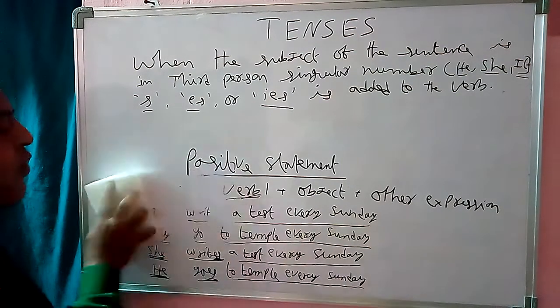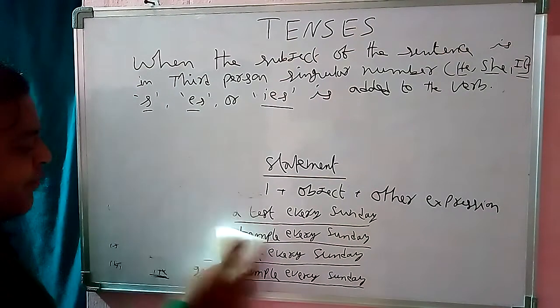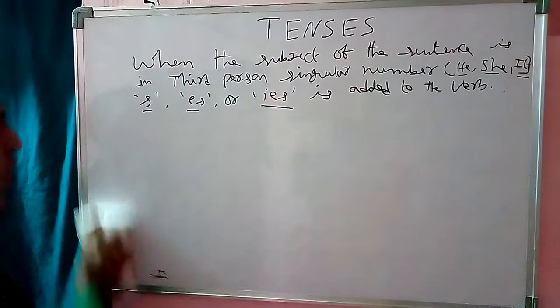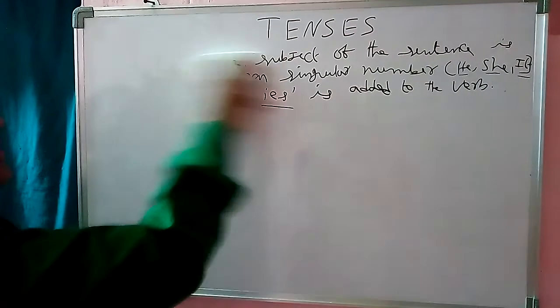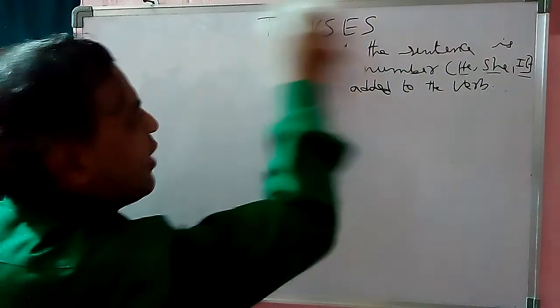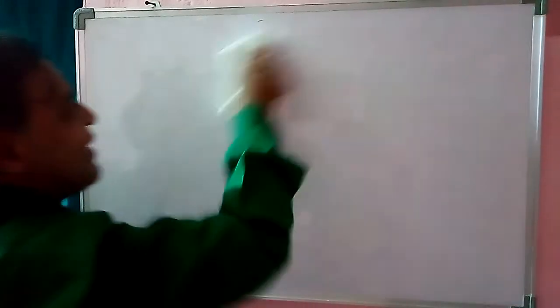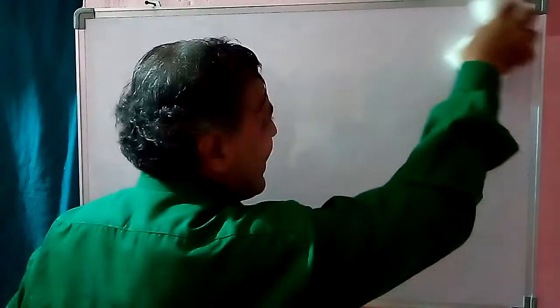So now I am going to write a table. When the subject of the sentence is in third person singular number, he, she, it, s, es or ies is added to the verb.